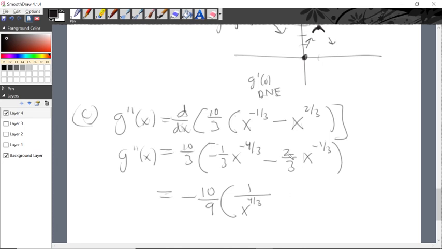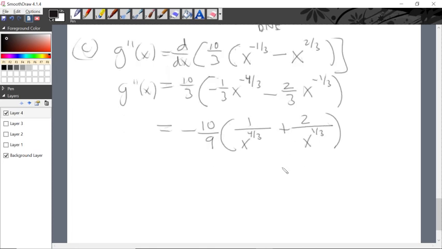Then this is now a plus 2, and this is going to be x to the 1/3 in the denominator. In fact, I'm even going to take out the x to the 1/3 in the denominator, so negative 10 over 9 times the cube root of x. If I take out x to the 1/3 from this, it just leaves an x, so this is 1 over x, and then this is just plus 2. So that's pretty convenient.